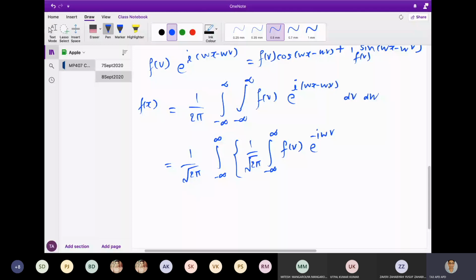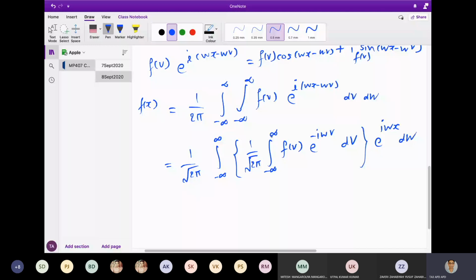I'm taking v as the integration parameter, so dv, and bracket over. What you are left with is e to the power i wx, with respect to dw. Okay, so this whole integral is called the complex Fourier transform.